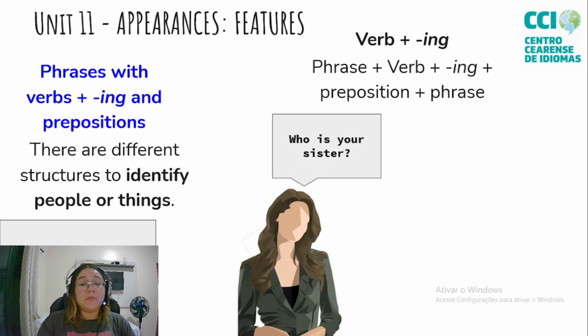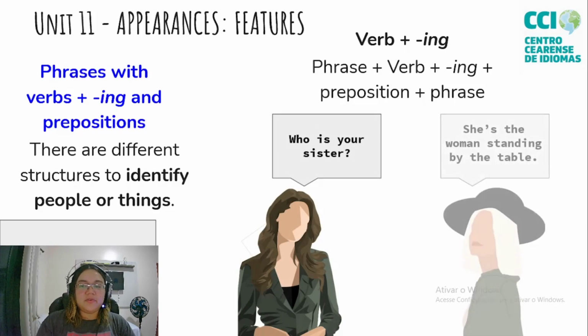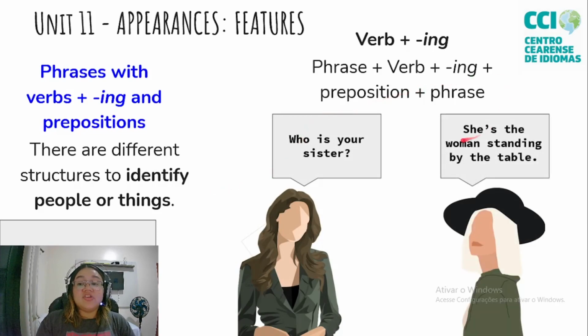Here's an example. Who is your sister? And the person says, she is the woman standing by the table. So here we have the structure. The noun phrase, she is the woman. The verb is stand, but we add the ing at the end.